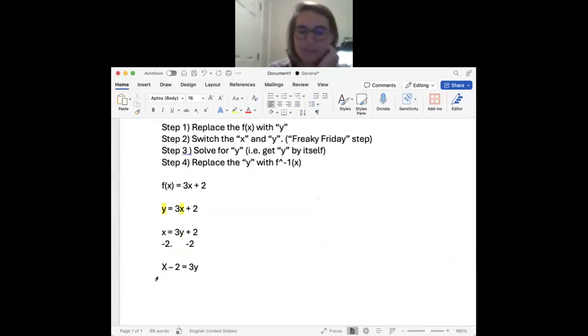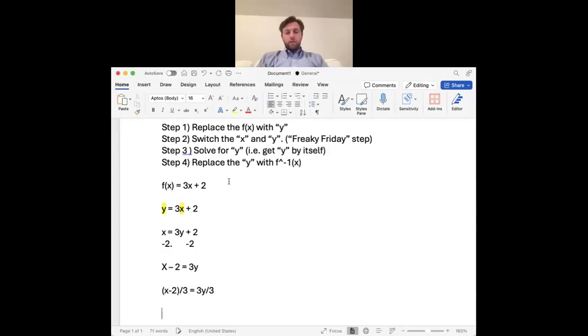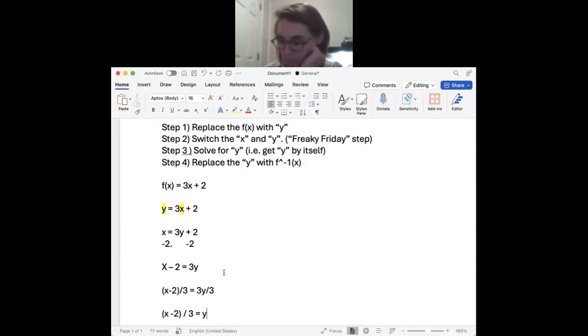Then divide both sides by 3. So we get x minus 2 over 3 equals y. Now the last step says take y and replace it with f inverse of x.